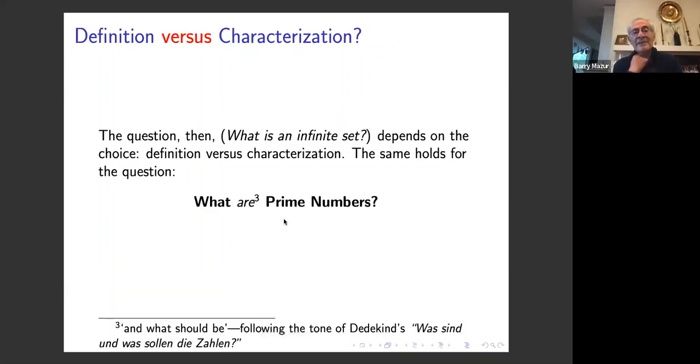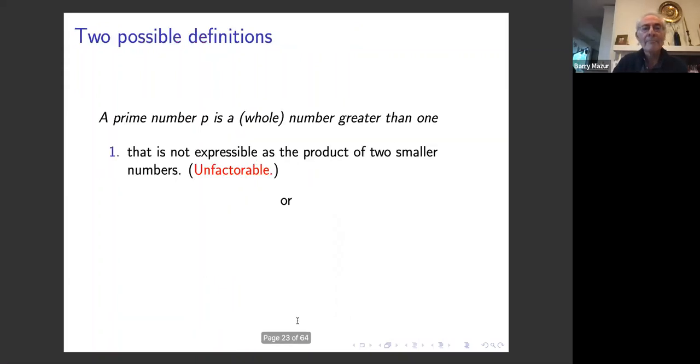Okay, so we always have in front of us for any concept in mathematics definition versus characterization. The question, what is an infinite set, depends upon the choice. And the same holds for the question, what are prime numbers? What are, I'd say, and what should be, following the tone of Dedekind's essay. So here are two possible definitions.